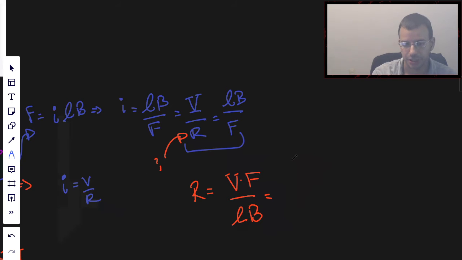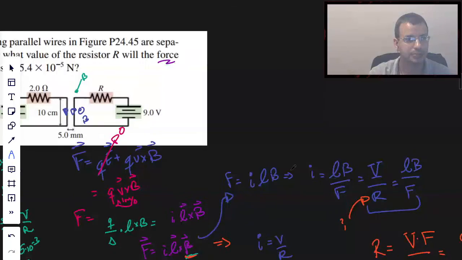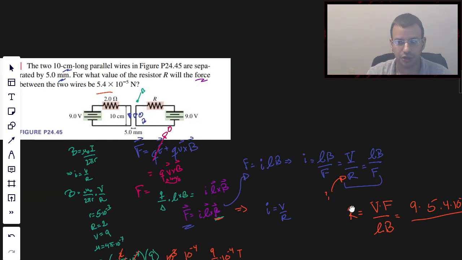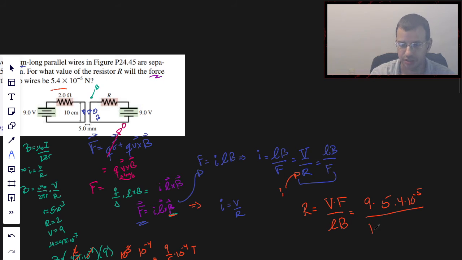So we're starting to put numbers in here. We're going to have 9 volts times the force between the two wires, which they give us as 5.4 times 10 to the negative 5th, divided by L, which is the length of the two wires, 10 centimeters, which I'm going to write as 10 to the negative 1st, because 10 centimeters is 0.1 meters. 0.1 is the same as 10 to the negative 1.